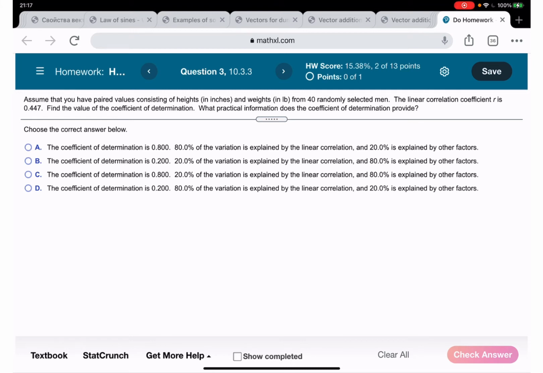The coefficient of determination is 0.200, right? Which means 20% of the variation is explained by the linear correlation, and 80% is explained by other factors.